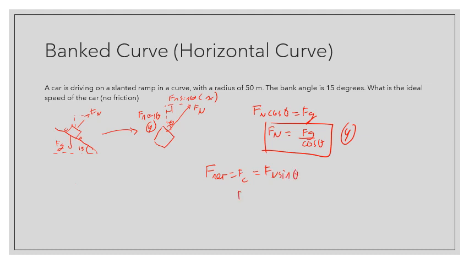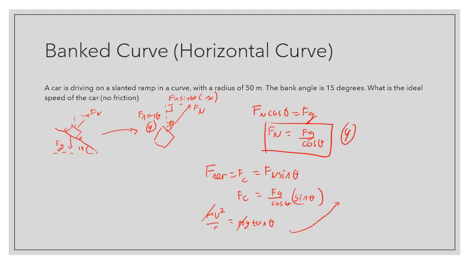So centripetal force is equal to Fg over cos theta times sine theta. If you recall, sine over cos is equal to tan theta. So we have mv squared over r is equal to mg tan theta, and masses cancel out.